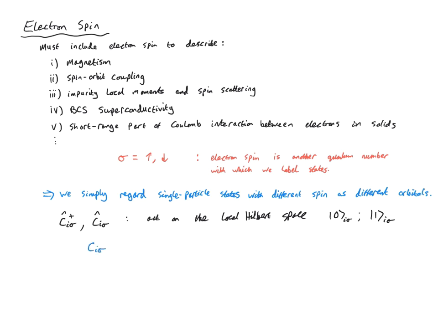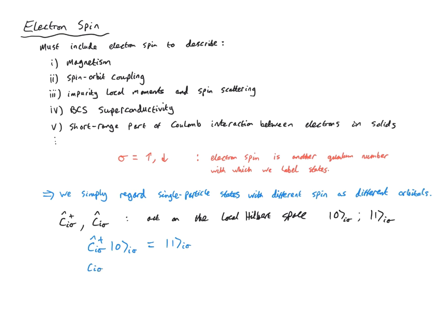For example, if I want to create an electron in the orbital iσ with my c_{iσ}†, I can do that. It creates an electron in that orbital.